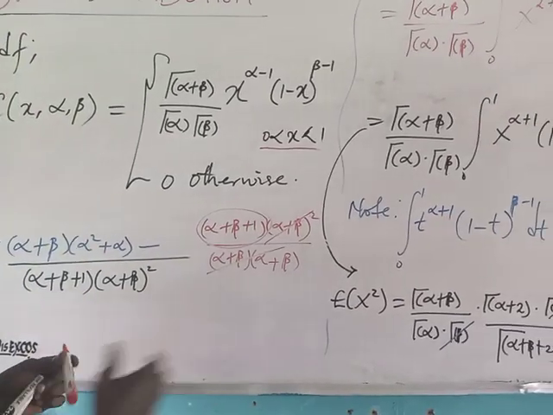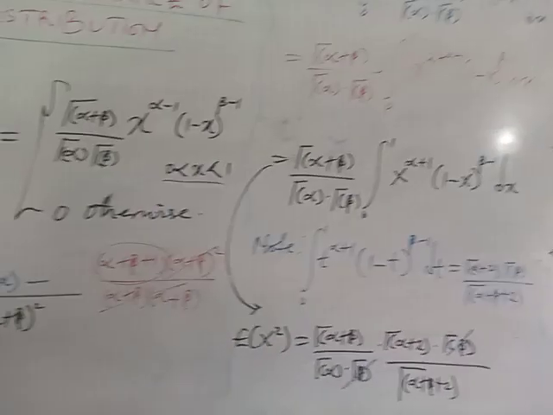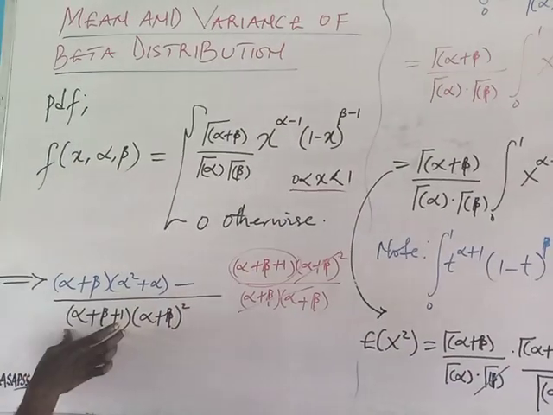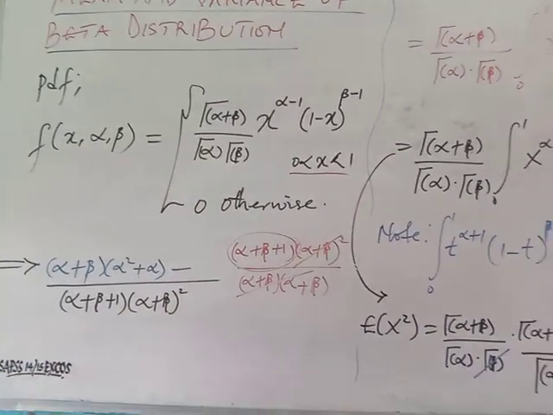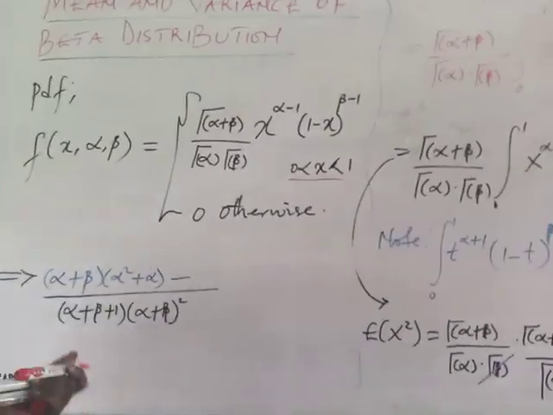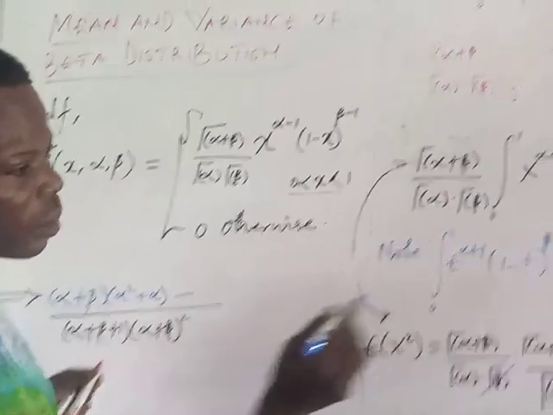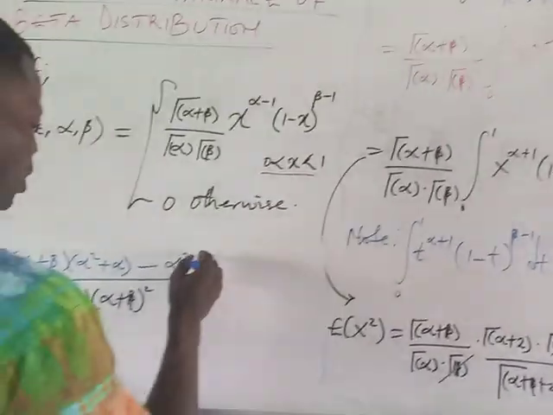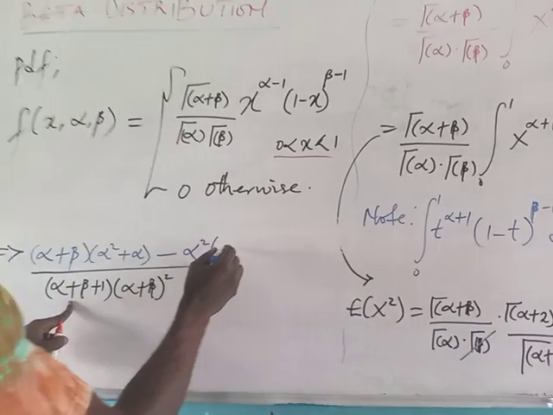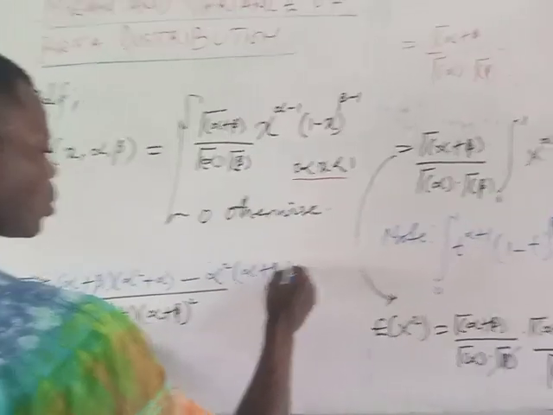So we can just say that alpha plus beta square directly remains. So we are taking this to multiply that fraction there. So it's going to be minus alpha square times this, which is alpha plus beta plus 1.